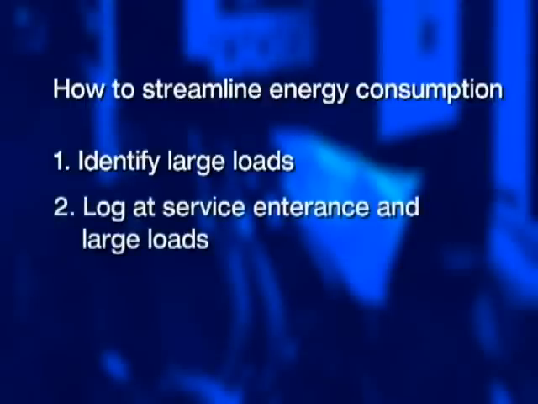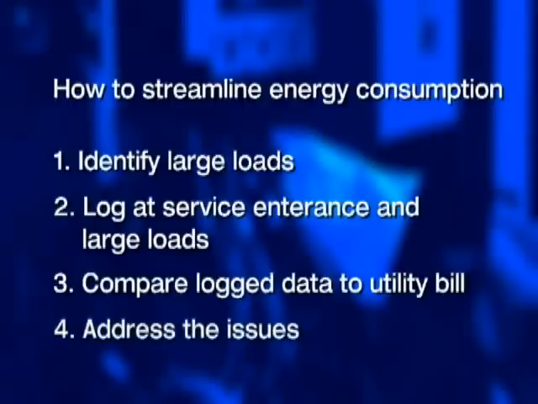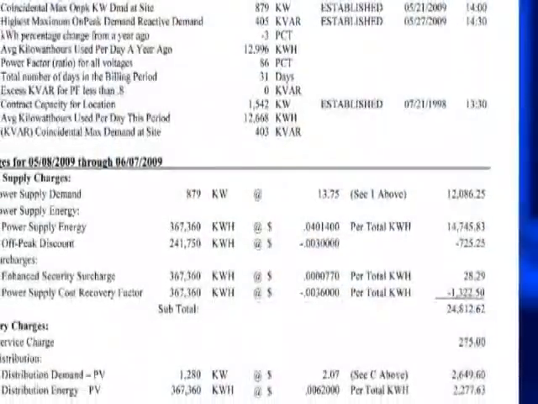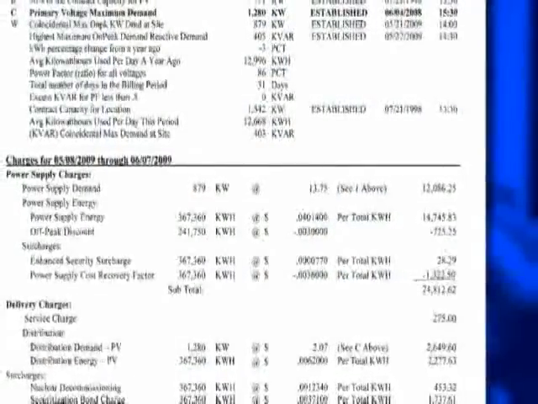Some of the energy logging steps we will take today to help you streamline your energy consumption are: identify large loads, log at service entrance and log each large load, compare log data to the utility bill and address the issues that are revealed. Review your kilowatt hours, peak demand, and power factor charges. Depending on your agreement, you may not be paying power factor penalty charges.